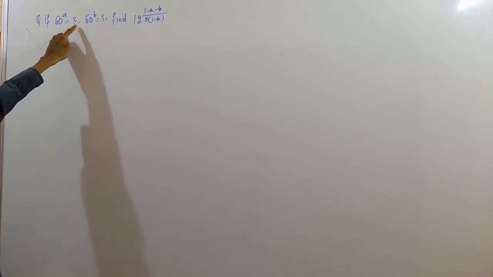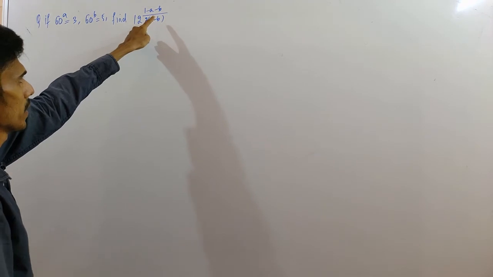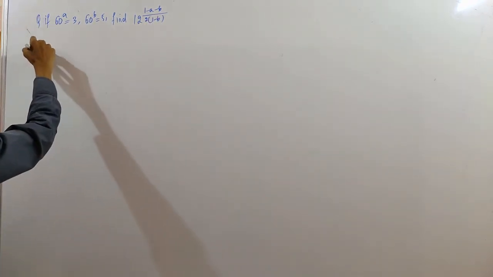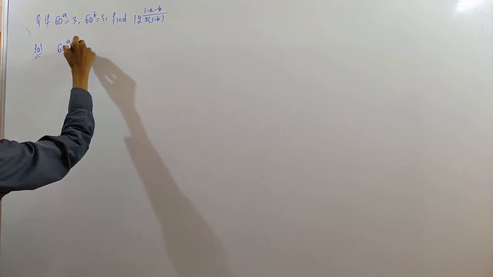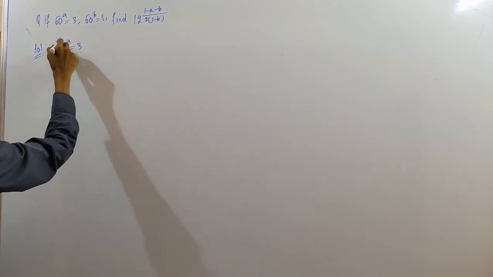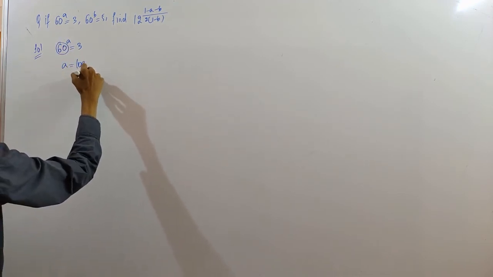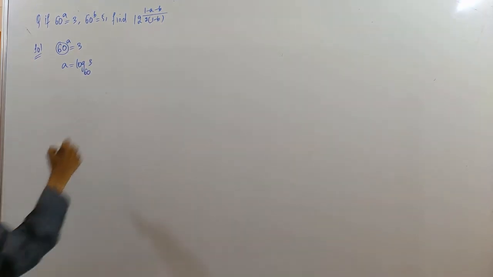Next problem: 60 power a value is 3, 60 power b value is 5. Find 12 power (1 minus a minus b) divided by 2 into (1 minus b). Given 60 power a equals 3, send this 60 to that side, it will become a = log_60 3.